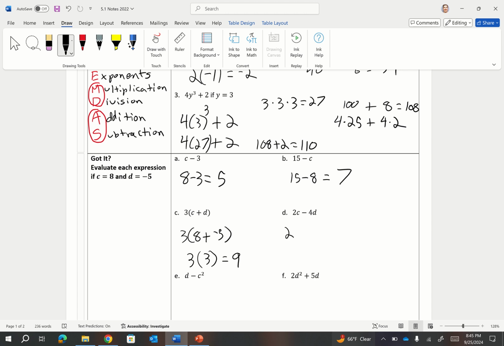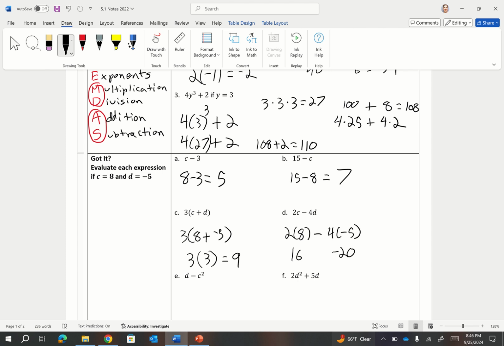Okay, here we have 2 times 8 minus 4 times -5. Okay, 2 times 8 is 16. Now I've got to do 4 times -5, and that is -20.